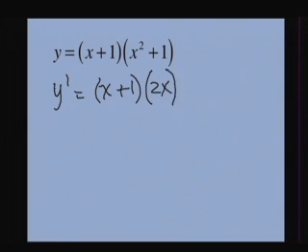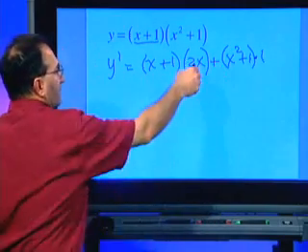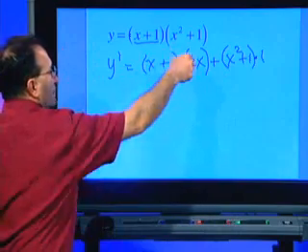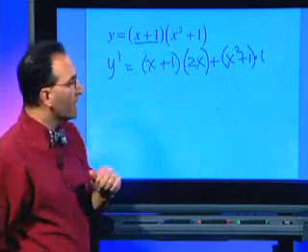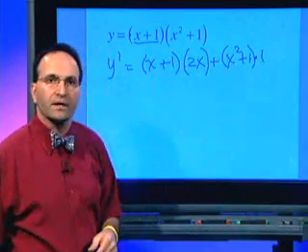So therefore we have plus, taking v, which is x squared plus 1, and multiplying that times the derivative of the first one. But the derivative of the first one, of course, is just 1. So when we simplify this, we have to multiply 2x times x and 2x times 1. And then, of course, the 1 here isn't going to change that. We're just going to have x squared plus 1.